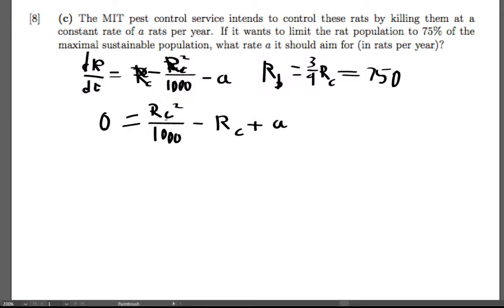And so when you plug in the numbers, that would be 750. Subtract this by 75. 75 times 75, that would be 70 times 80, 5625, with another 2 zeros.